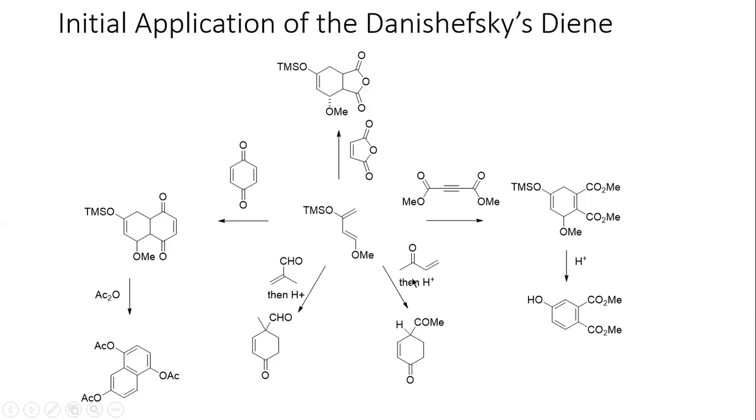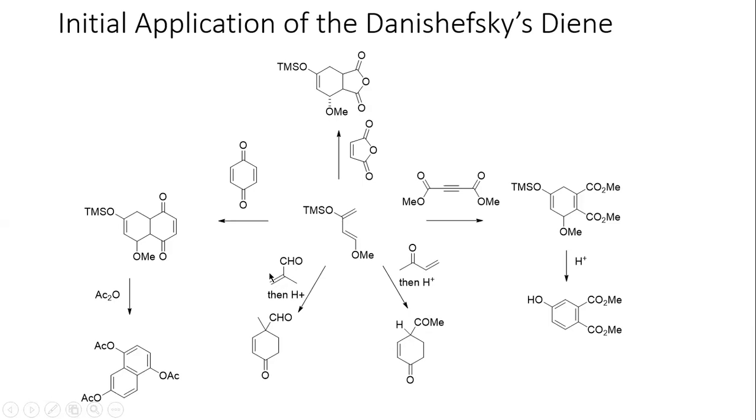Then you treat it with weak acid to deprotect that enol and reveal it, eventually converting that into the carbonyl, right? So that's another reaction that they looked at. This was again very good yields. All these have really good yields, right?